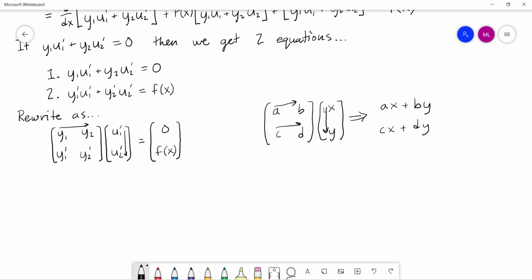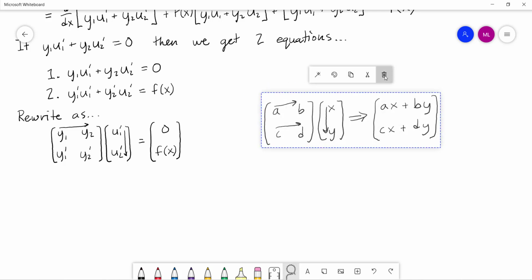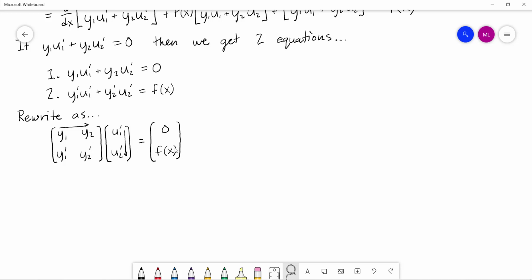So the a hits the x, the b hits the y, and we sum them together. That gives us our top entry. Then we do the same thing for the second row: c hits the x, d hits the y, cx plus dy, and that gives us our second entry. We get another vector out of that. That's the process of how you do matrix multiplication, if you've never seen it before, and that's what this is meant to represent.